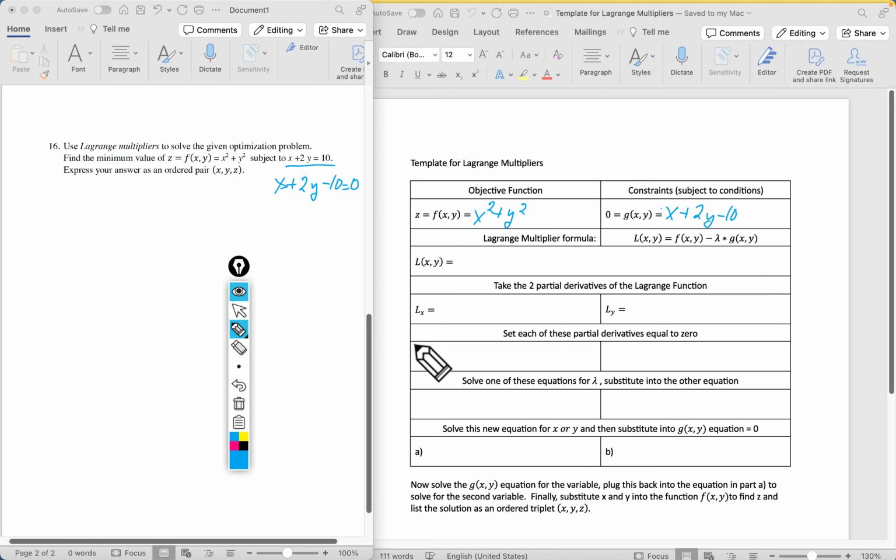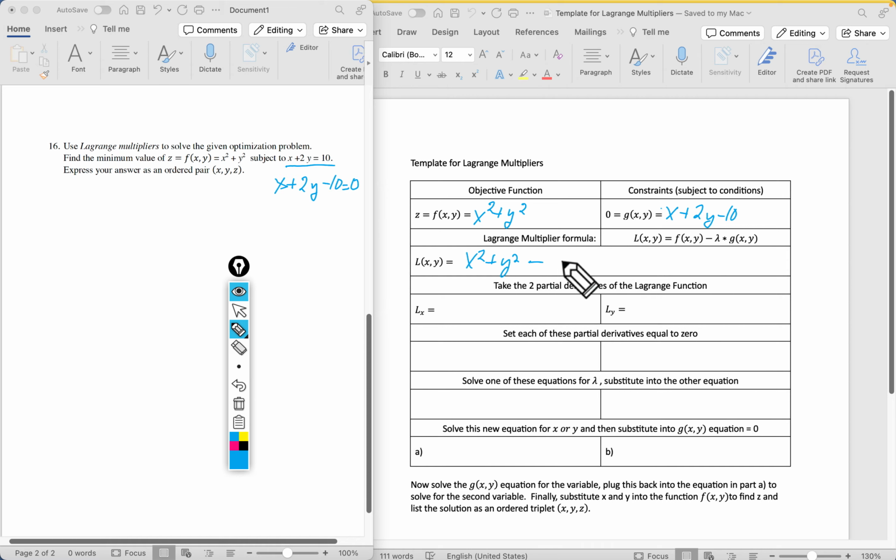The next critical step is being able to set up the Lagrange formula. Again, it won't be provided for you, so practice it and get it so that you can remember it. It's not too bad. It's the function, that's my x squared plus y squared, and you could put parentheses around it if you want.